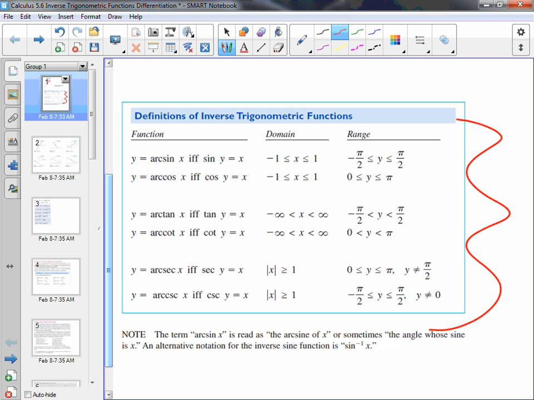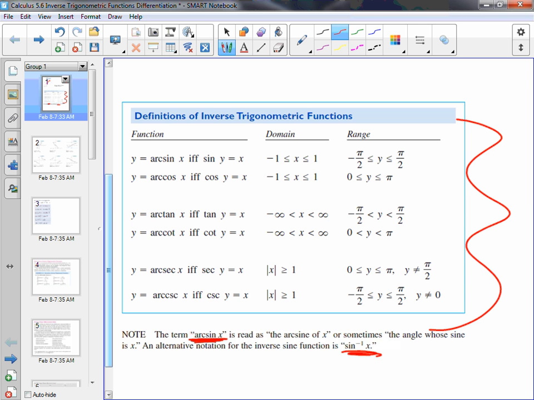Quite often, our book and other books will use arc sine, arc cosine instead of inverse sine, inverse cosine. Those notations are interchangeable. Be able to read both and use both. For the most part, if the problem says arc sine instead of inverse sine, then we'll call it arc sine. If they call it inverse sine, we'll call it inverse sine.